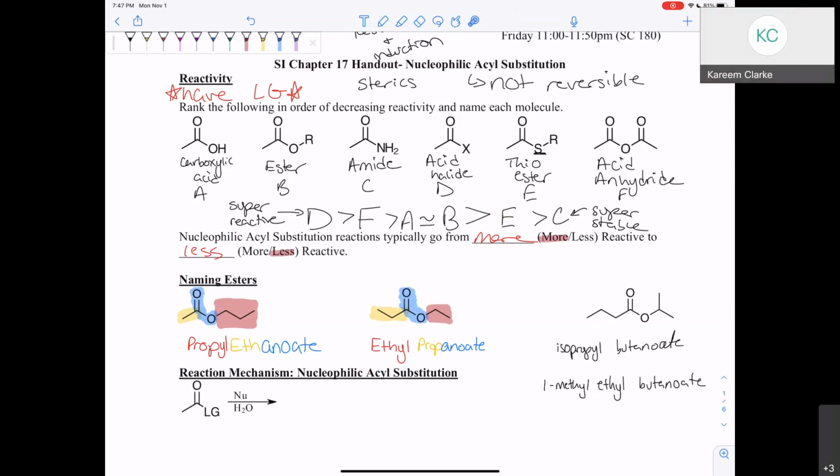So instead of doing addition reactions, we're doing substitution reactions. Dr. West said that he considers these non-reversible because the nature of this reaction is to go from more reactive to less reactive. So we're increasing stability as we react, and it's not energetically favorable to go backwards. So he's saying that it's not reversible.